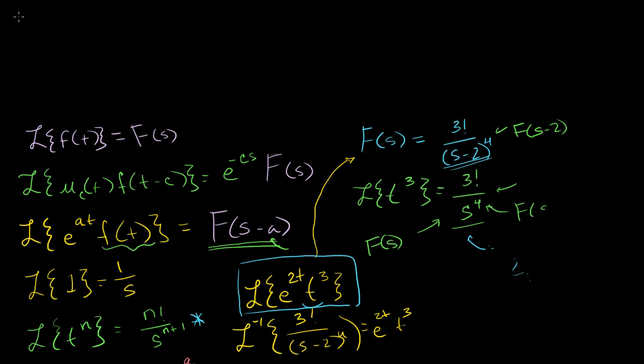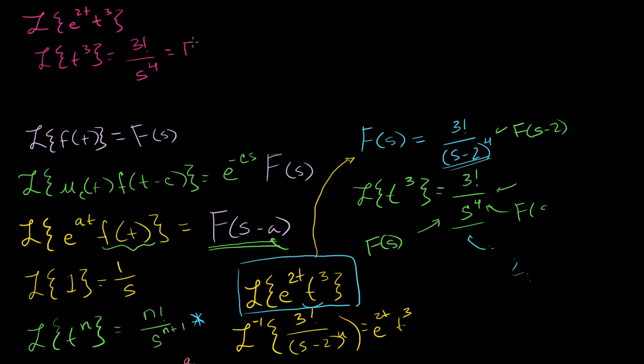So if I wanted to figure out the Laplace transform of e to the 2t times t to the third, I'll say, well, this e to the 2t, I remember that it shifts something. So if I know that the Laplace transform of t to the third, this is an easy one, is equal to 3 factorial over s to the fourth, that's 3 plus 1, then the Laplace transform of e to the 2t times t to the third is going to be this shifted.